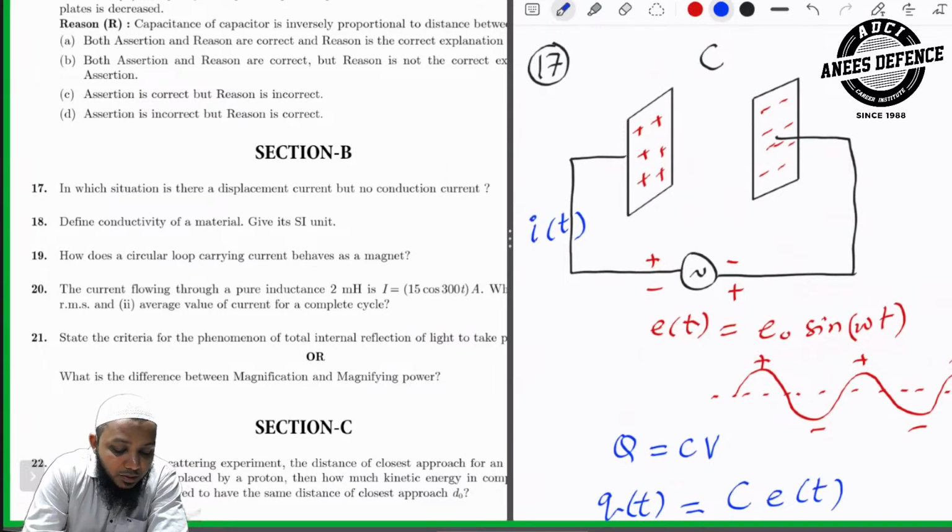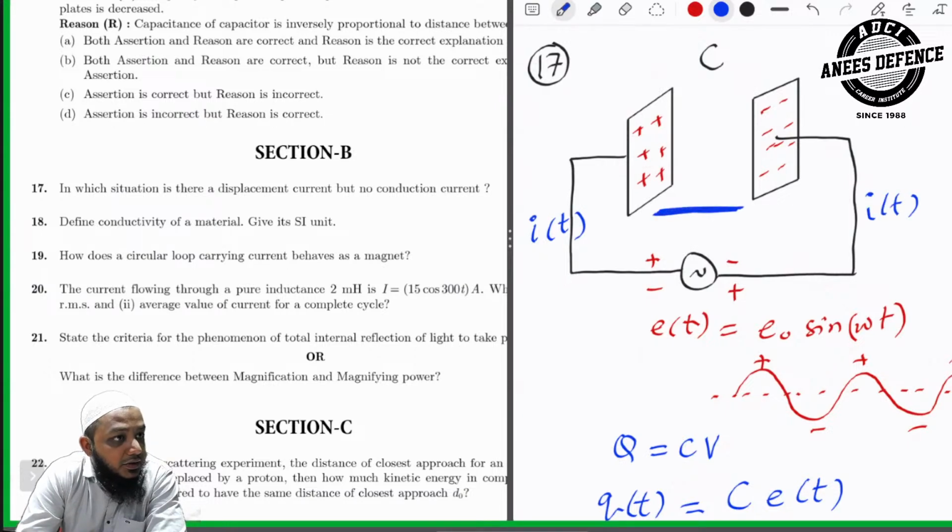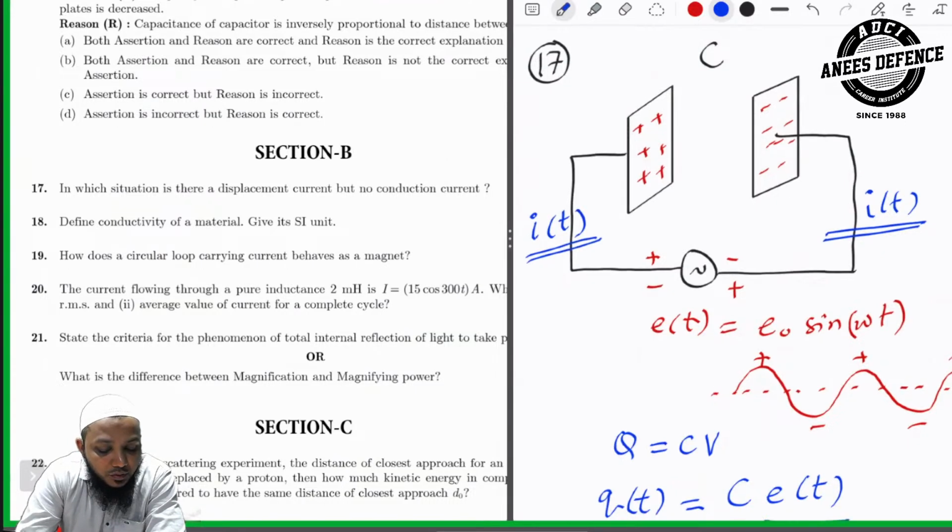But the problem here is there is a gap, or there is no conducting material between the plates of the capacitor. So how will this current flow between the gaps of the capacitor? We know the current flows through the wire because the potential difference across the capacitor is continuously changing, so charges will flow.